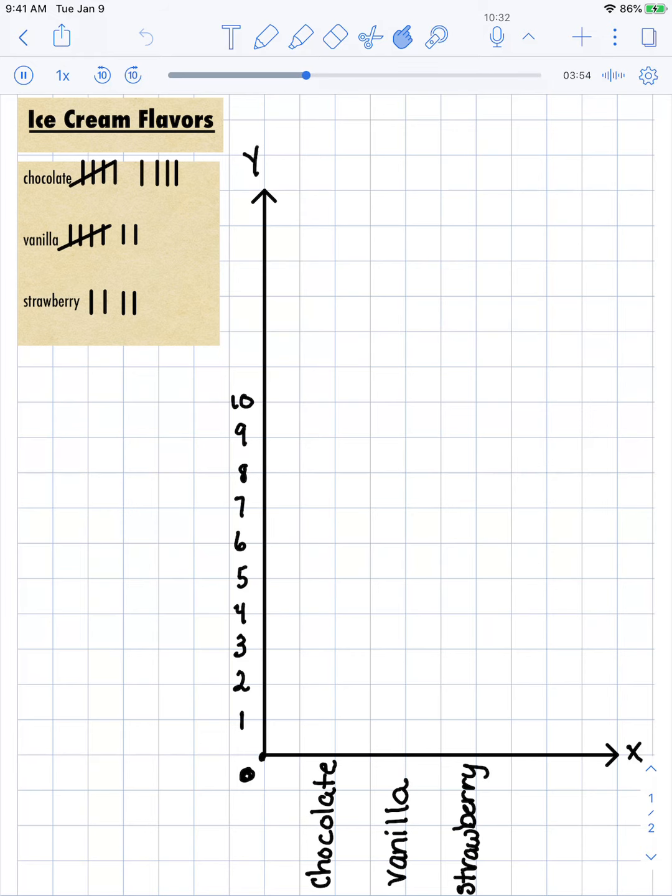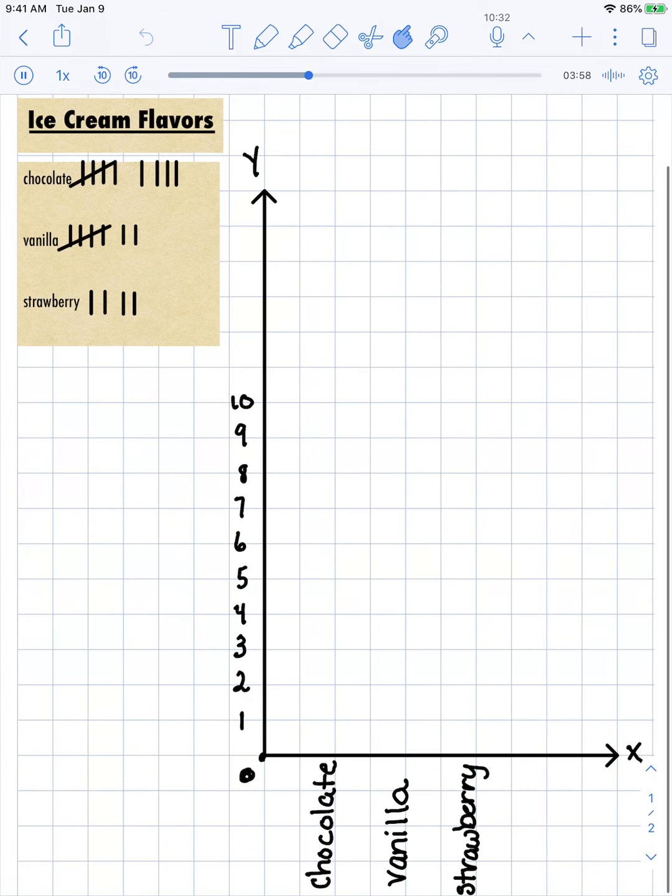than 10. I have to think, what do these numbers actually mean? Well, these numbers happen to be the number of people that I asked. So I have to label this. So I'm going to label this over here. I'm going to write what these numbers are.